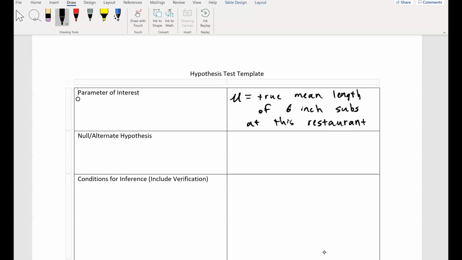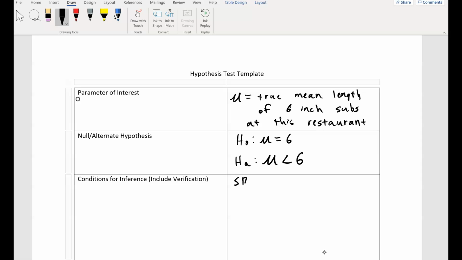And we start with that. Null hypothesis is always a statement of equality. The restaurant says they're 6 inches. Okay, these two young ladies believe they're shorter. Okay, so we have to identify that and pull that out of the context.